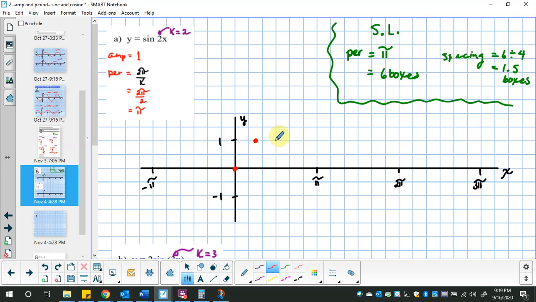So here's a half and there's a full one, so that's 1.5, and I'm back down through the center. And then 1.5 boxes, and I'm at the bottom, which in this case is a -1. And then 1.5 boxes, I'm back at the top. And I can continue that, and I'm actually going to continue that for a little bit in a minute.